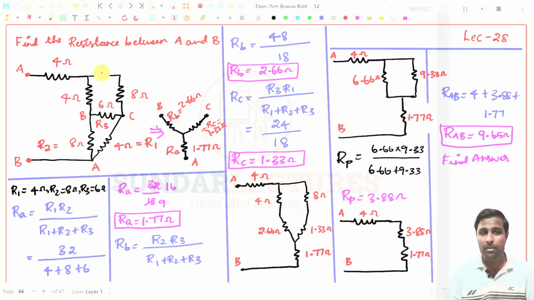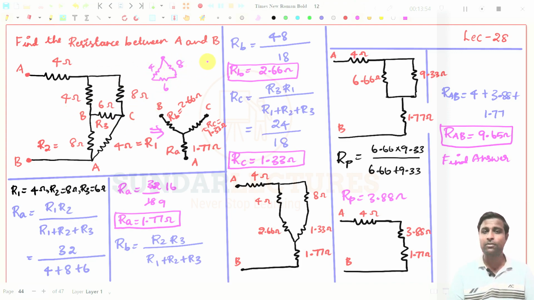You see this point that can also be connected in a delta. See, I will draw this one anyhow. So you just draw like this, and like this, and like this now, right? So this is the 4 ohms resistor, this is the 8 ohms resistor, this is the 6 ohms resistor, right? So these three are connected in delta.